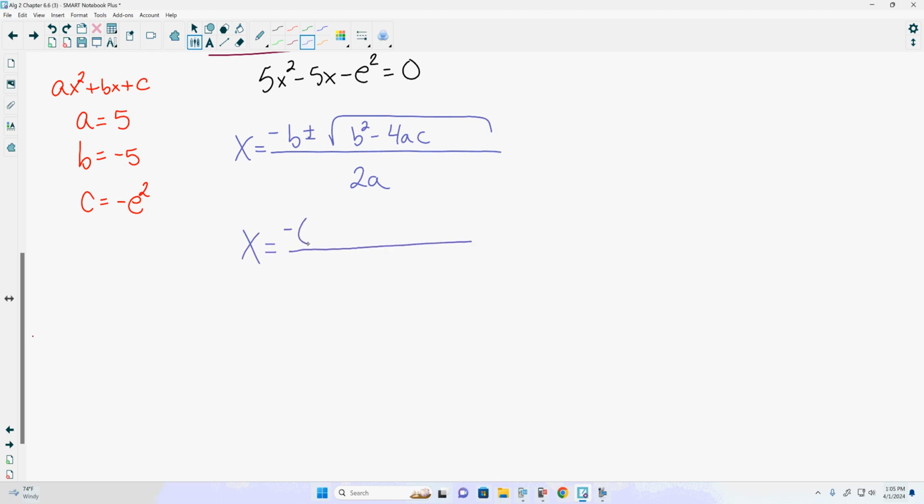Well, that'd be negative 5 plus or minus the square root of negative 5 squared minus 4 times a, which is 5, times c, which is negative e squared, all over 2a, which is 2 times 5.